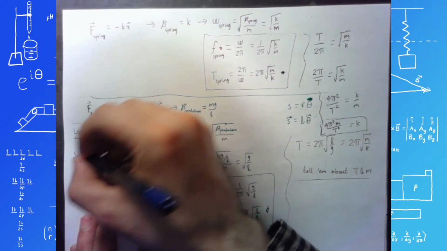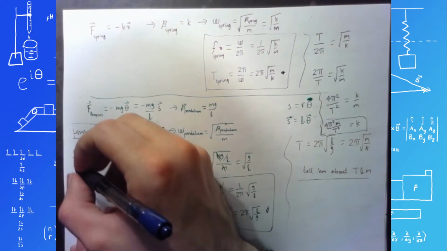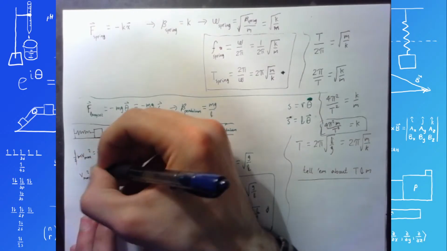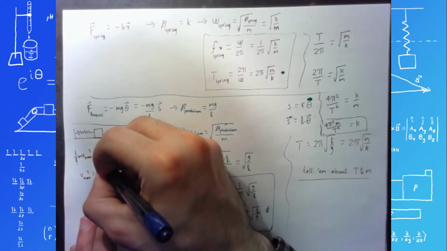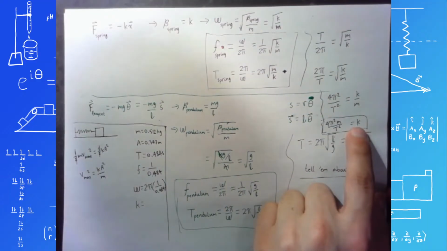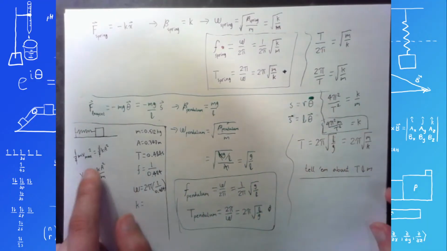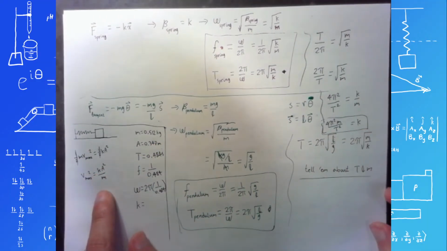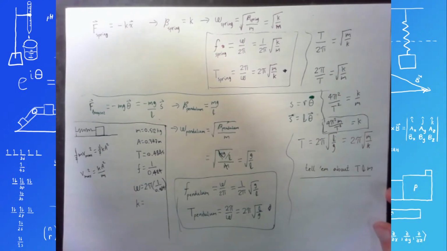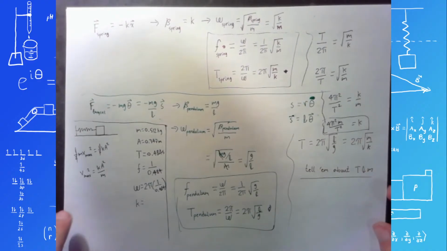In fact, we can just cancel the 1/2 up front. v max squared equals k times a squared over m. Plug in the k that you got from the previous part. Plug in the a squared that was given. Well, a was given, but you know what I mean. And divide by the mass, which was also one of our givens, and take the square root, and you're done.